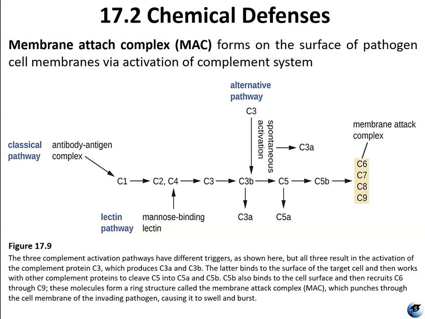The alternative pathway is spontaneously activated, and then the C3 complement protein reacts to the presence of the invader, latches onto the invader and coats it, it opsonizes it, and begins the activation of the rest of the cascade. So the three complement activation pathways have different triggers, but they all result in the activation of the complement protein C3.